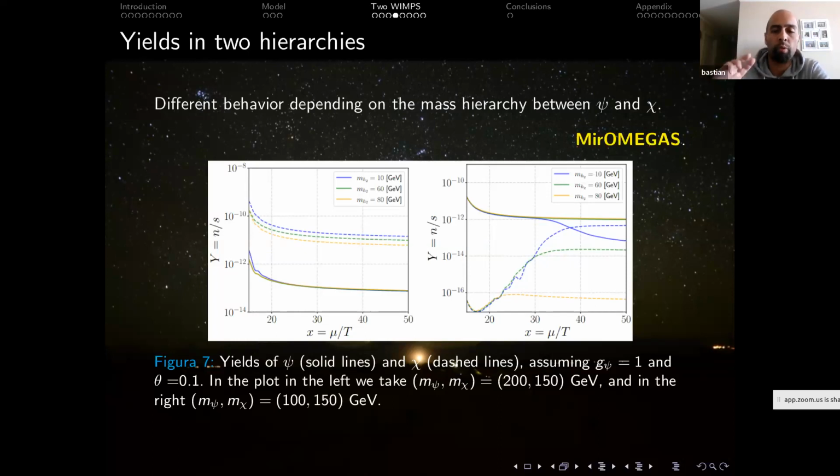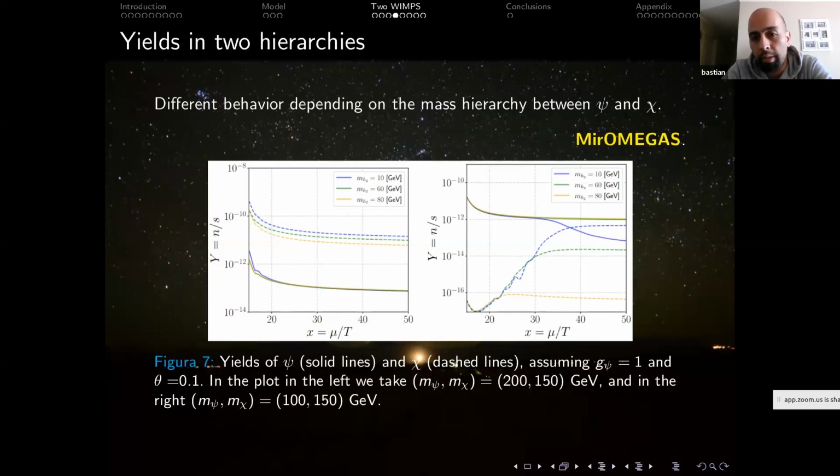But when you go to the other hierarchy, when the mass of the fermion is below the mass of the pseudo-scalar, you can see that there occurs this bouncing for the yield of the pseudo-scalar. So this is the solution from Micromegas. At some temperature, the pseudo-scalar yield reaches a minimum, and then starts to increase once again, after some point, and before it decouples completely and finally freezes out.